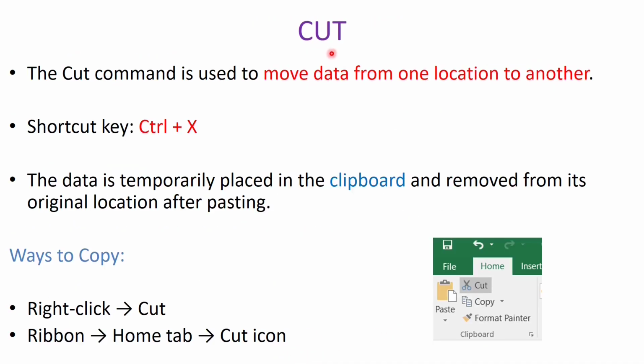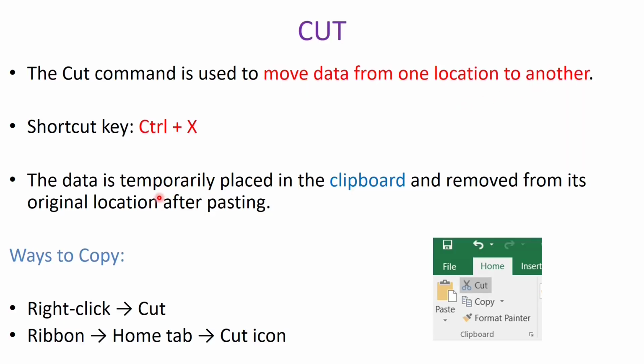Let us look at the three most commonly used commands in Excel, that is cut, copy and paste. These features are helpful when organizing and managing data in a spreadsheet. The cut command, which can be activated using the keyboard shortcut Ctrl plus X, is used when you want to move content from one cell or range to another location.